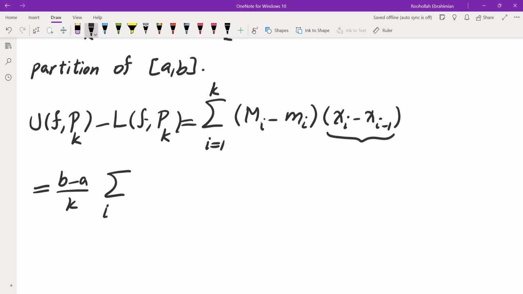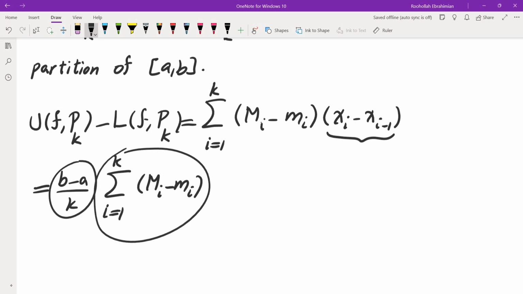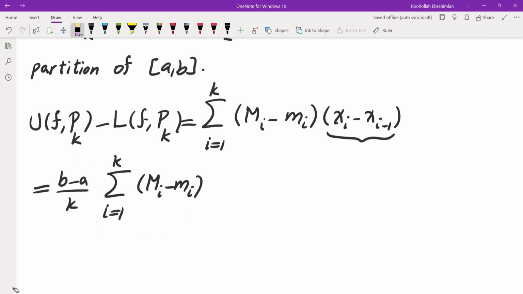Now I will have to show that this quantity, capital M_i minus lowercase m_i, is not too large, because (b minus a) over k goes to 0. If this is bounded, or at least doesn't go to infinity as fast as k, then I would be able to say this whole thing is 0.